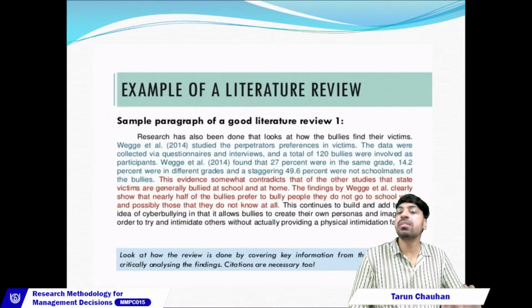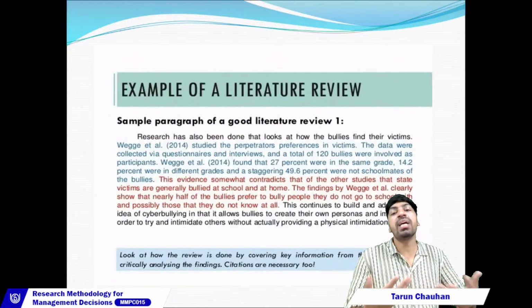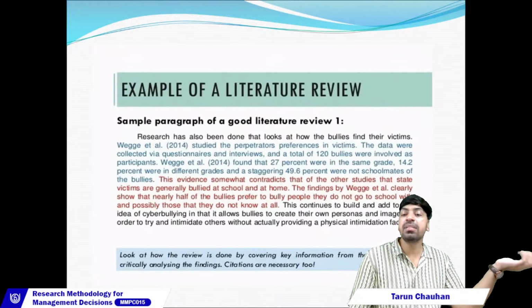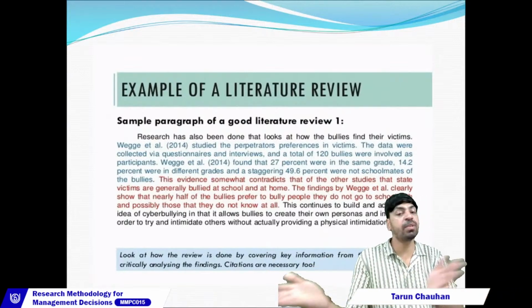And the same authors also found that 27% were in the same grade and belonged to another grade. So in fact, 50% were not schoolmates, whether they were relatives or friends.